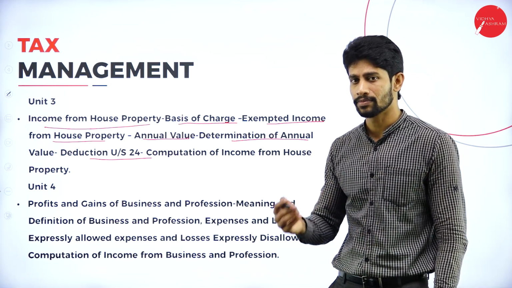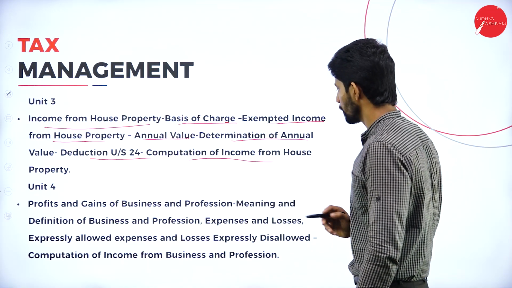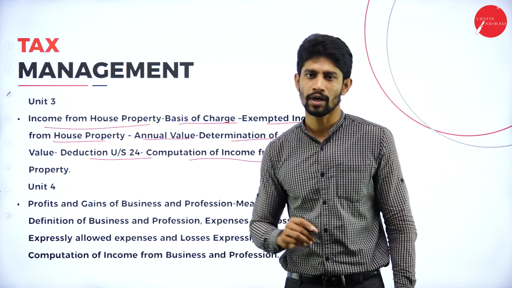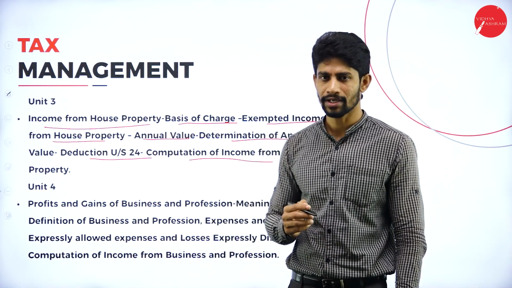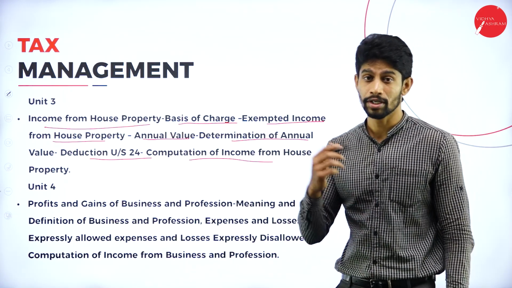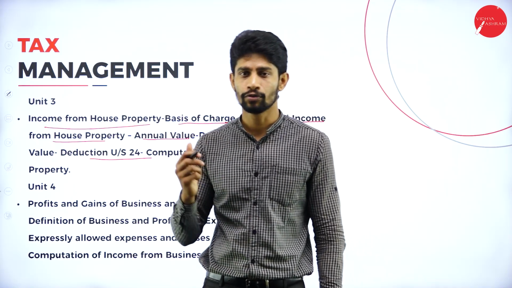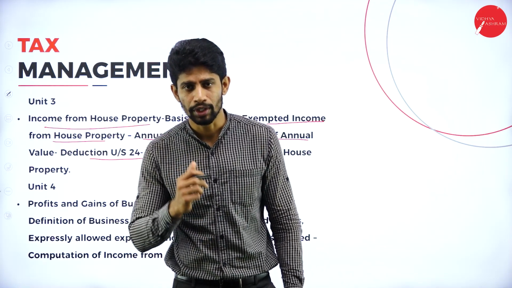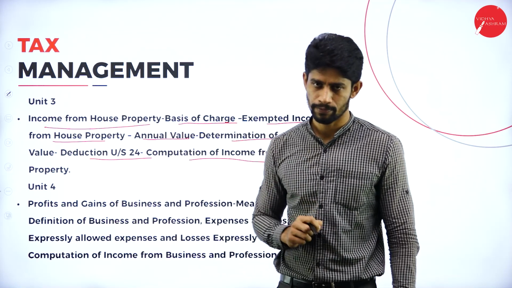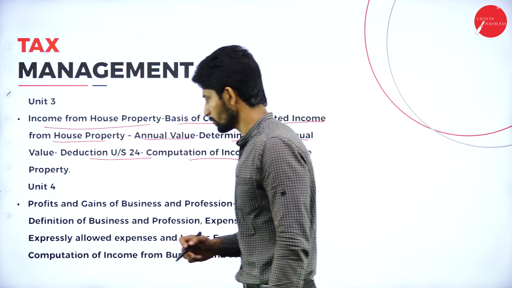What items come under deduction under Section 24, and next we are going to compute the income from house property. After knowing the basis of charge, the meaning of annual value and its determination, we are going to solve a few problems on computation of income from house property.